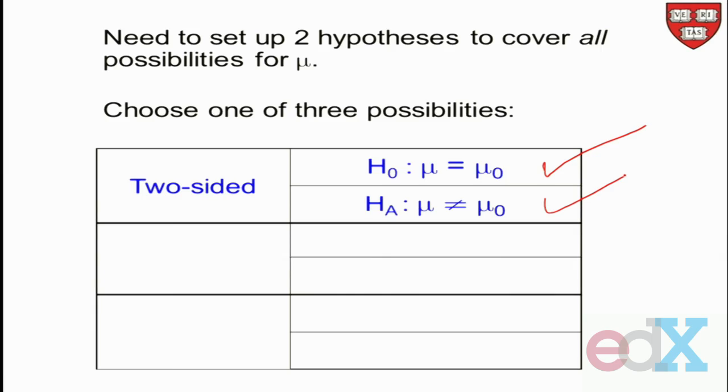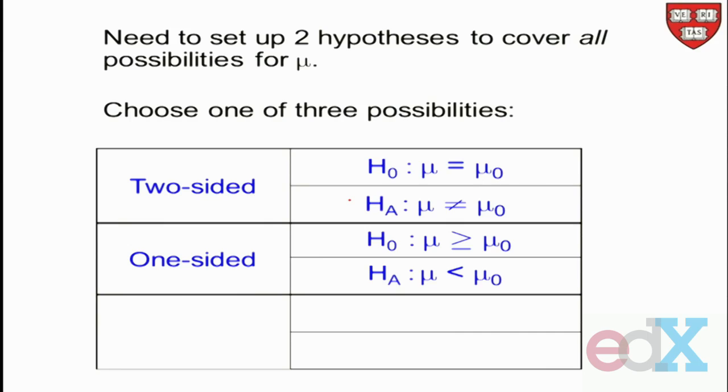Either mu is bigger than mu naught or mu is less than mu naught. So that's the alternative hypothesis. The alternative and the null, the union of these two, should cover the whole terrain. So if you take the null hypothesis, mu equals mu naught, join it up with the alternative, you've got that mu could be anything.